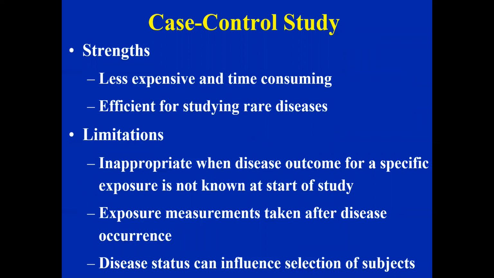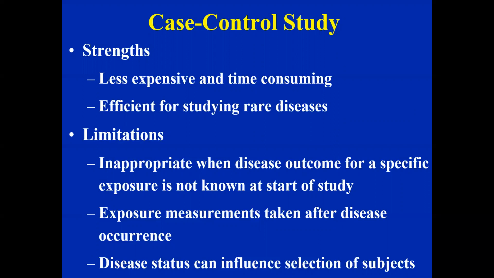So what are the strengths of case control studies? They are less expensive and less time consuming. Why? Because you're just having your cases and controls, it's not really complex. There's no follow-up time, so they're faster and easy to do. They are very efficient for studying rare diseases. Why?